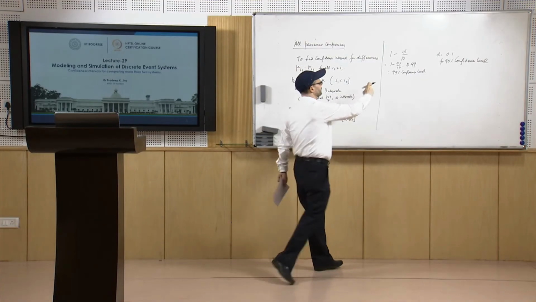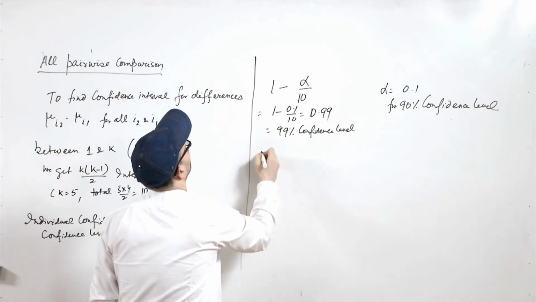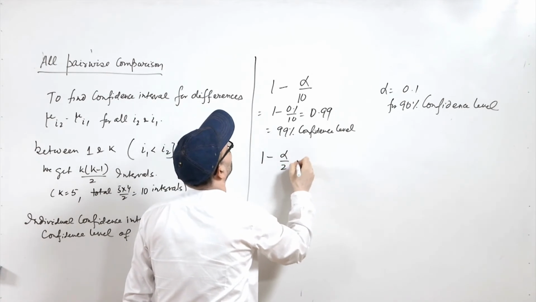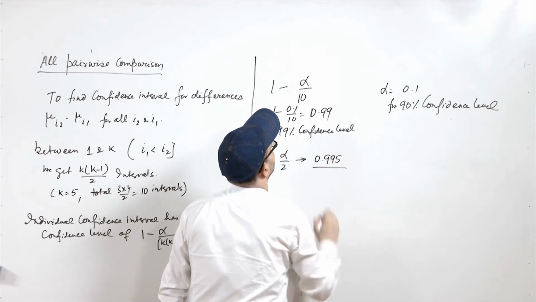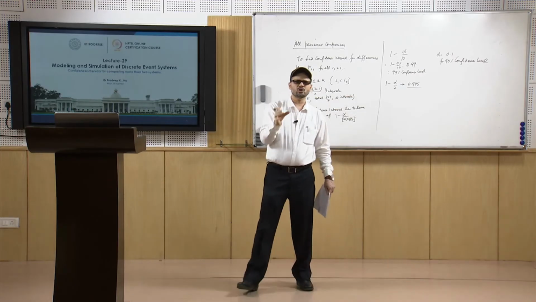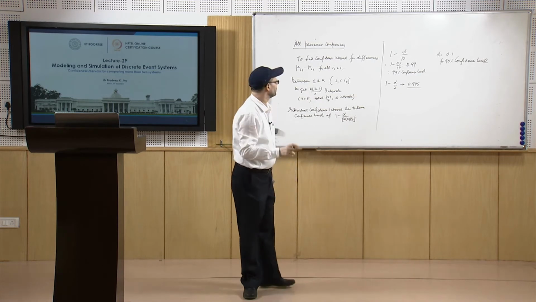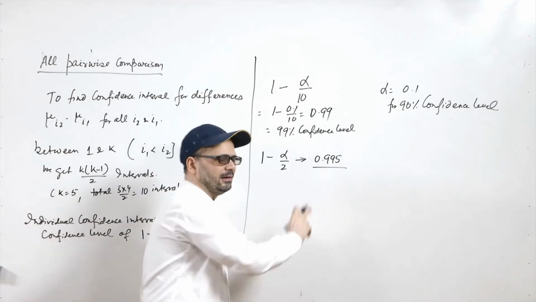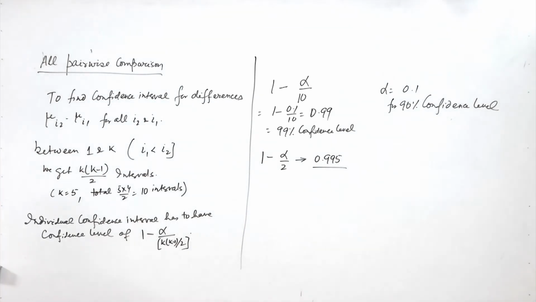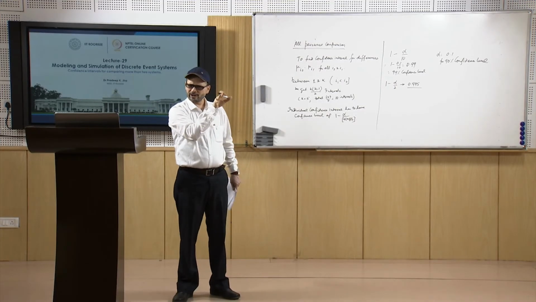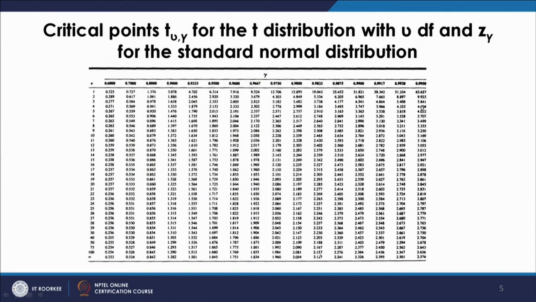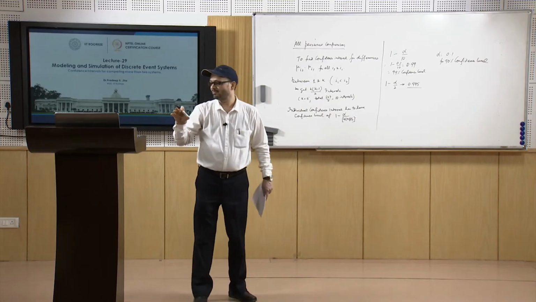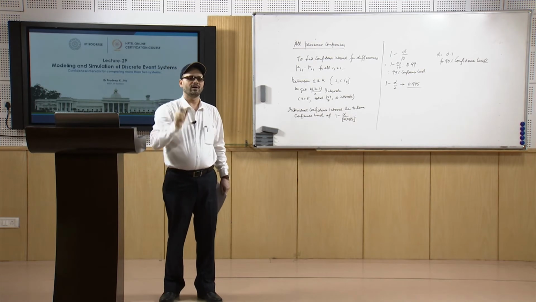So, 1 minus alpha by 2 will be equal to 0.995. Basically you look at the parameter 0.995, against the degree of freedom, and in this column you take that particular value for t nu alpha.